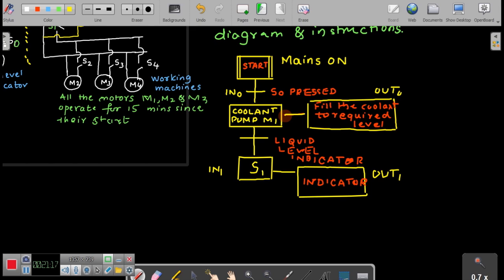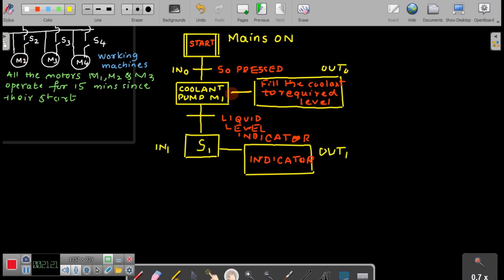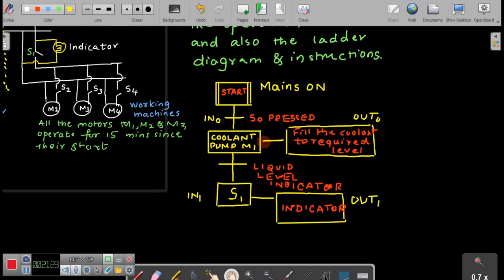So once the indicator glows here in this diagram, now you would go with the branching operation, what we have discussed in our previous class.